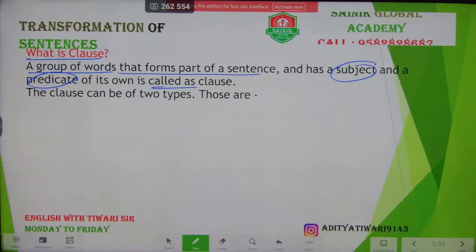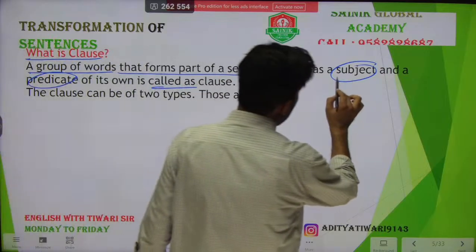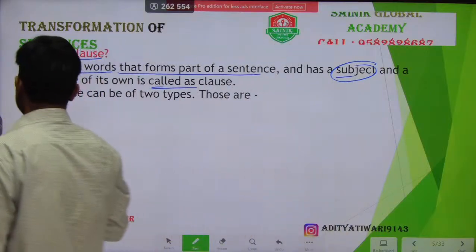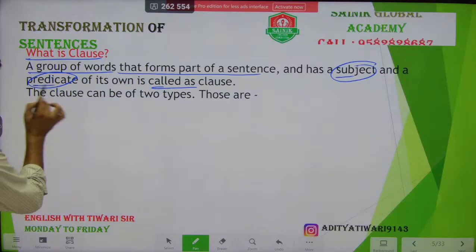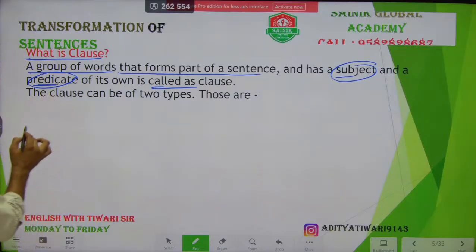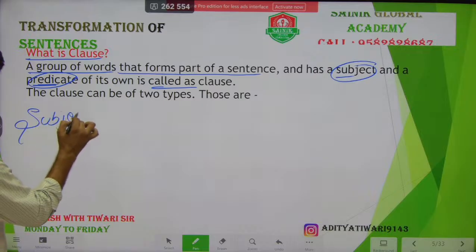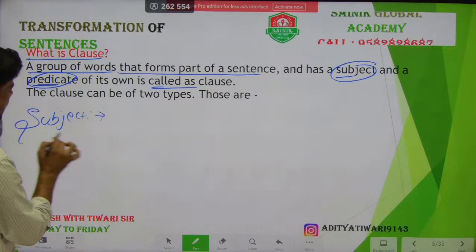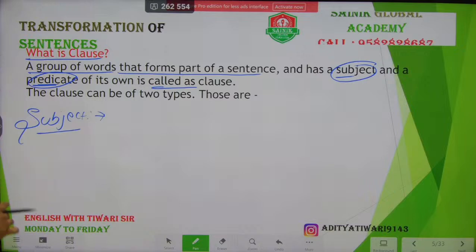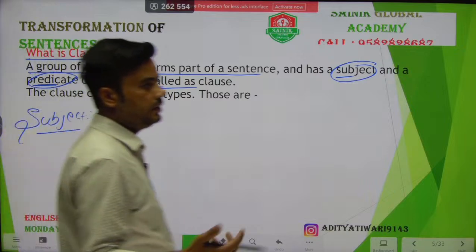Clause I will teach you later, but first of all you need to understand subject, and you also need to understand predicate. I know you all know about subject, but there are some new students who are connecting in our class and they don't know about subject, so let me explain it to all of them.